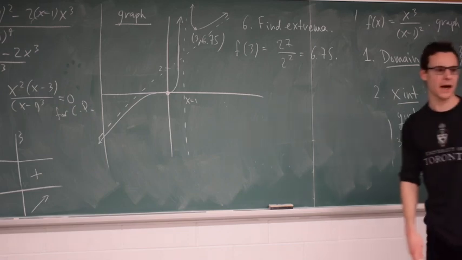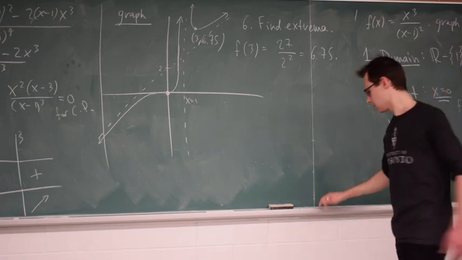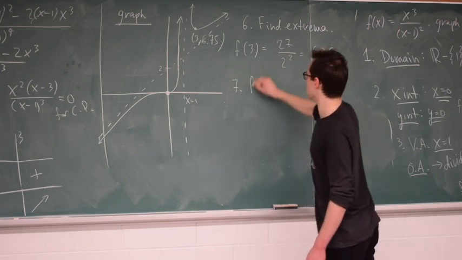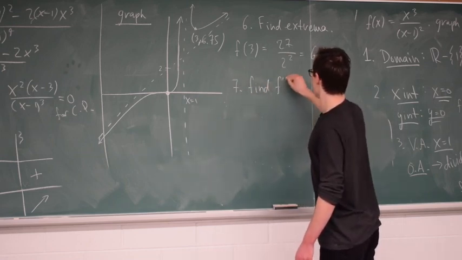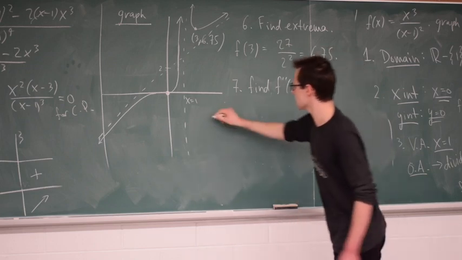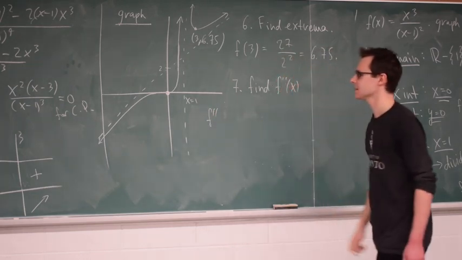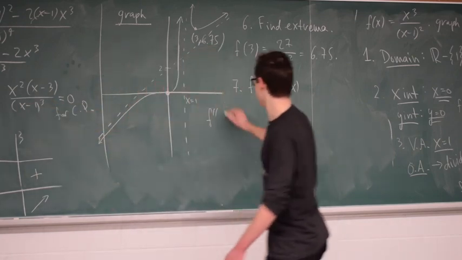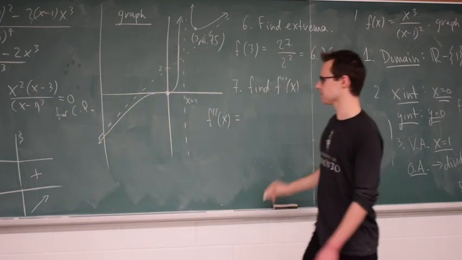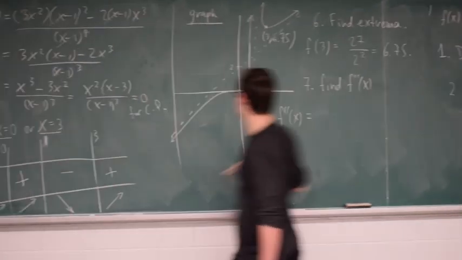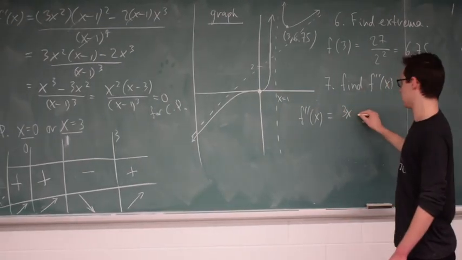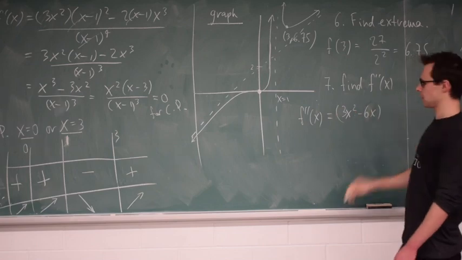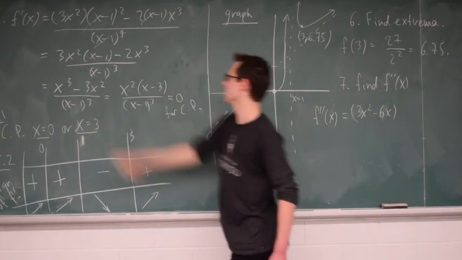Step 7 would be to actually find the second derivative, okay? Step 7 would be to find f double prime of x. I'm just going to do it real quick because I just want to see if the 0 actually comes out. Okay, so let's take the derivative here. F double prime of x is derivative at the top, 3x squared minus 6x, I'm using this one, okay?